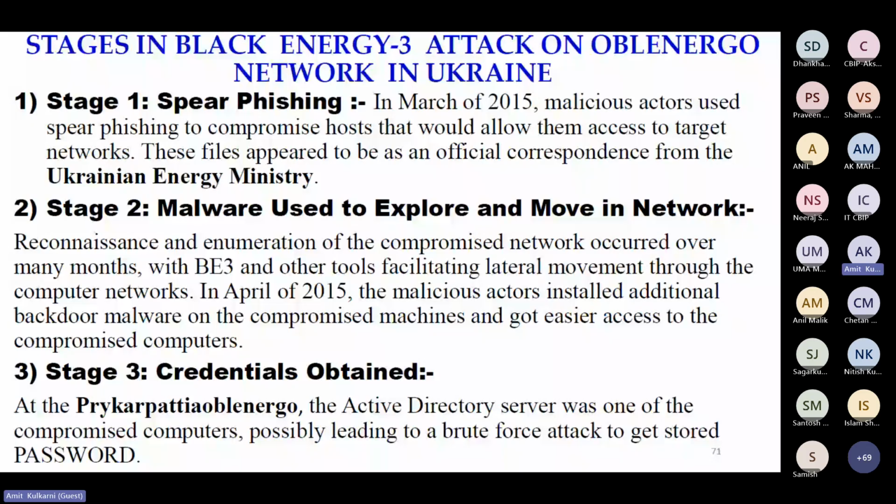Out of multiple regional entities, the 3 names I have shown on the geographical map, Kyiv, Prykarpattia, and Chernivtsi, each represent one regional entity. In Ukrainian, they are called Oblenergo, and that is the reason I have written attack on Oblenergo network in Ukraine.